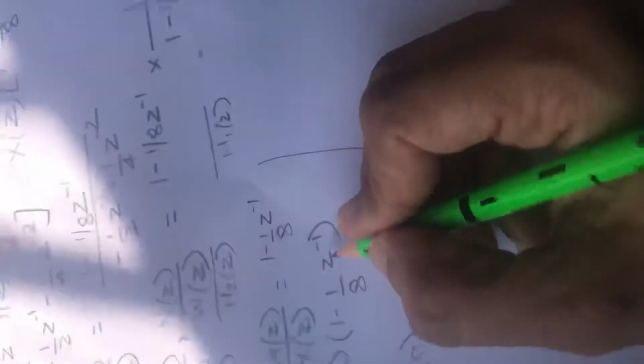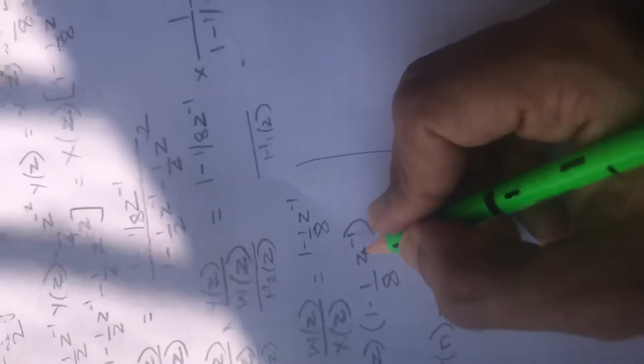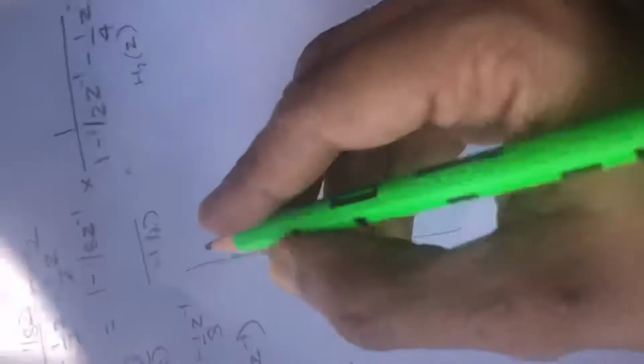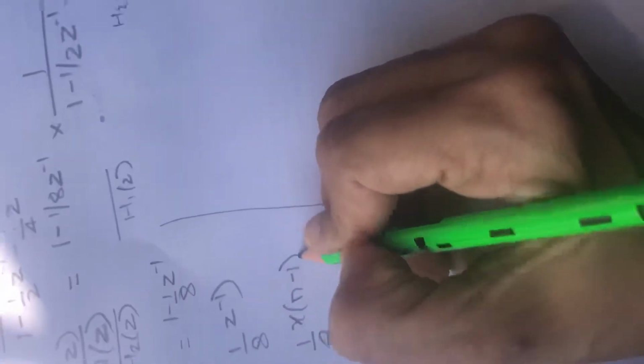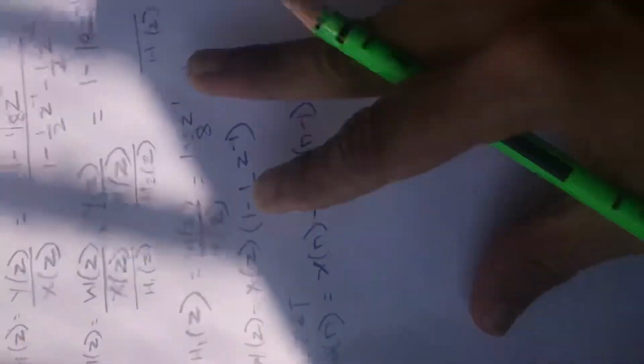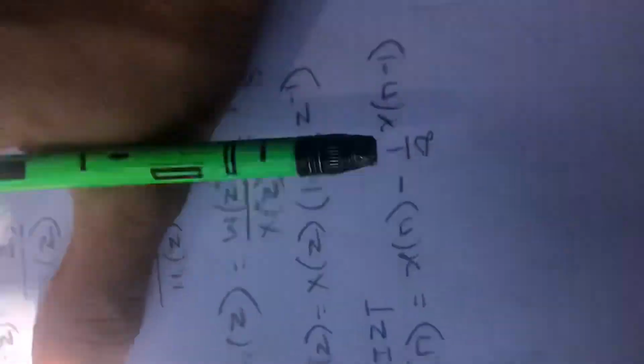Now when will your z transform be multiplied by z inverse? When the signal is delayed by 1. So here it will be x of n minus 1, right? So this is my subsystem 1.